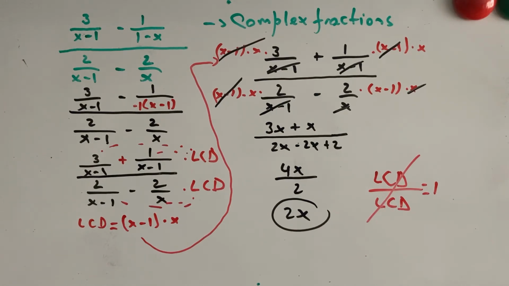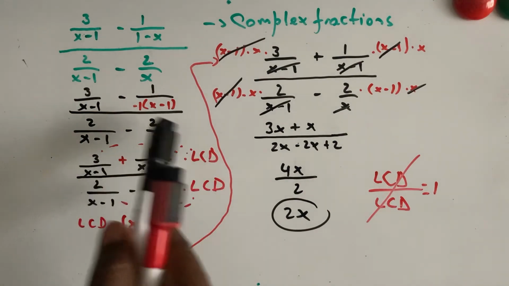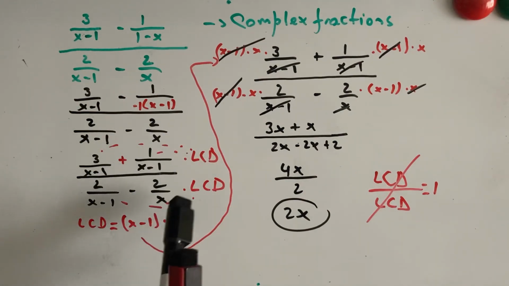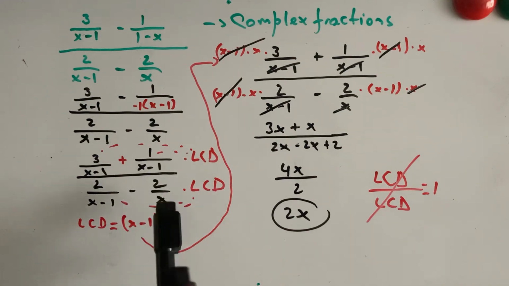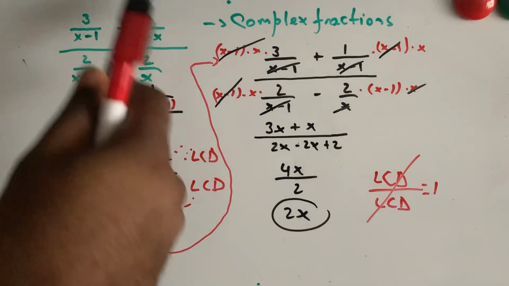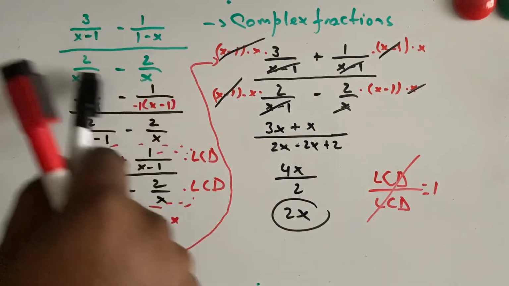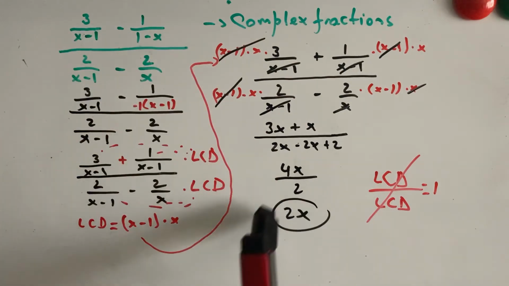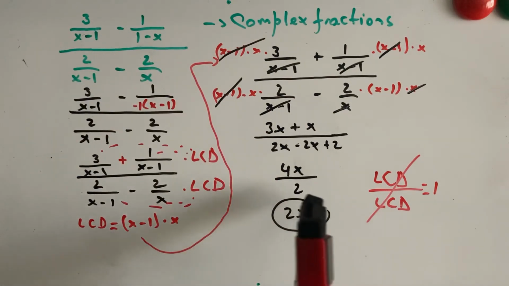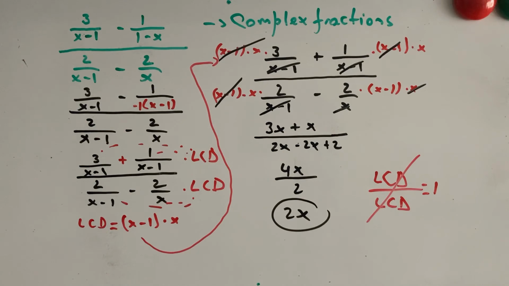So that's why what I did here is really nothing, not a change to the value. So the value is the same. It's just the form, the way it looks here. This is basically the same as just writing down 2x. This is the same thing, okay? So this is simplified. It came from a complex fraction to 2x, okay?